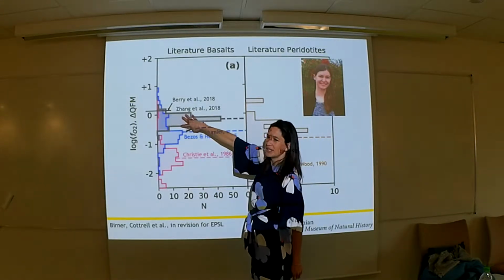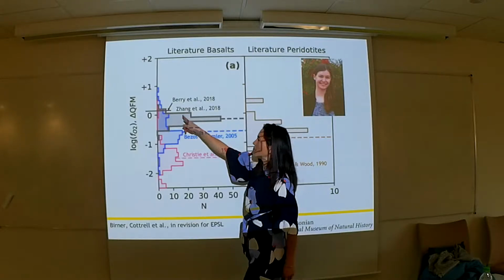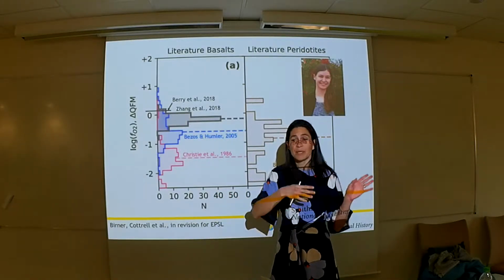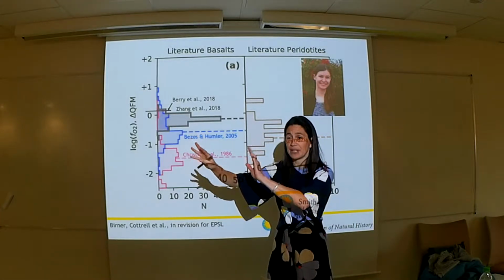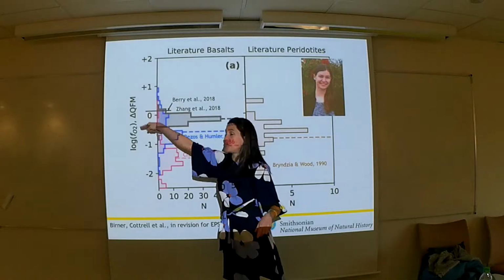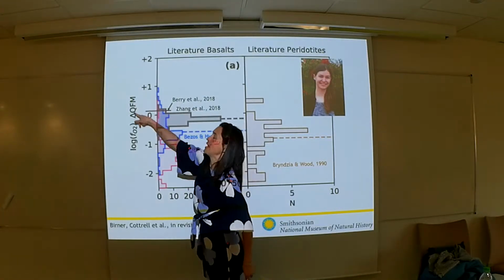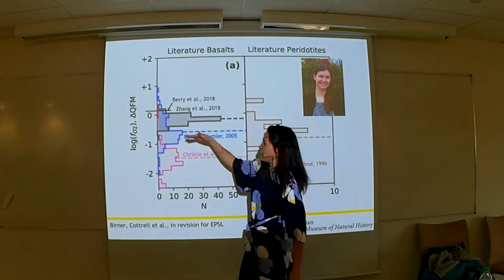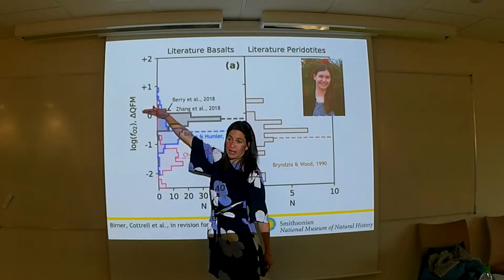Christie, Bezos, the Zhang study, and Berry I put in just as a line because they have no Kress and Carmichael, so they can't convert the 3+ to total iron ratios into QFM. They can't make this plot on QFM, so they just say that the spectra are at QFM.